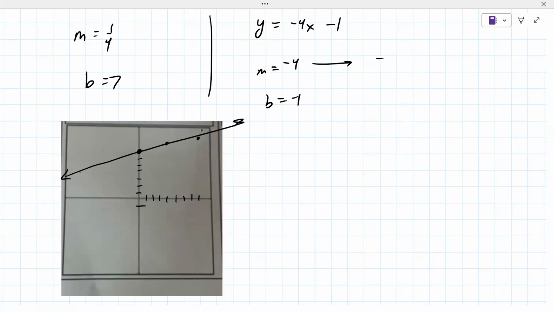So this one's a little bit different. It's down 4, right 1. You're starting at -1. So something like that. Again, it should at least look somewhat like they're 90 degrees.